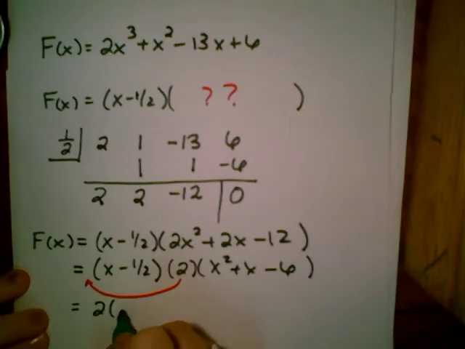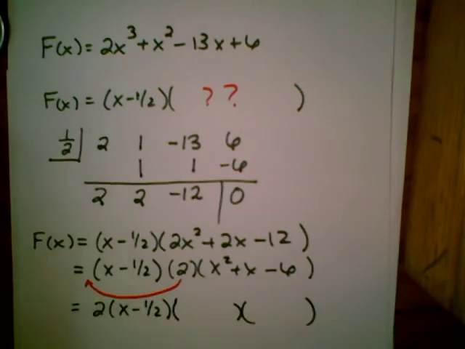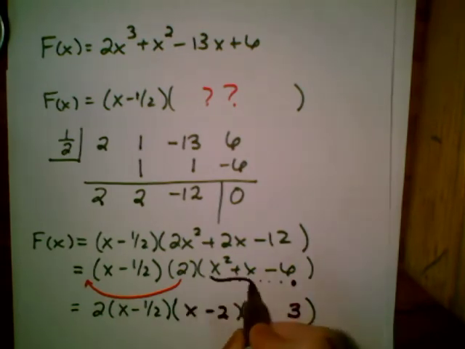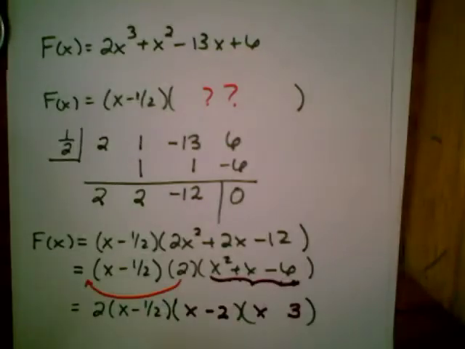So we have 2 times x minus 1/2. And then this quadratic, we look at the factors of negative 6 that'll add up and give us positive 1. So I think that's 3 and negative 2. Okay. So we had this quadratic polynomial that it did indeed factor.